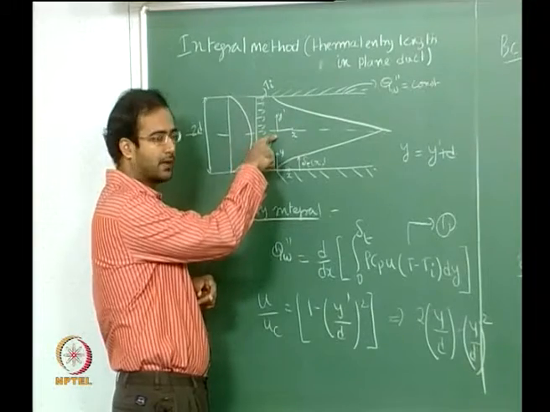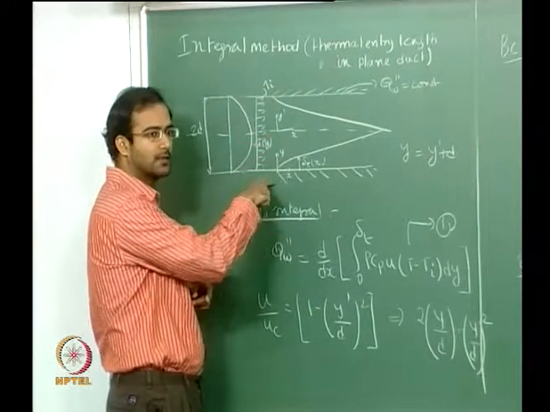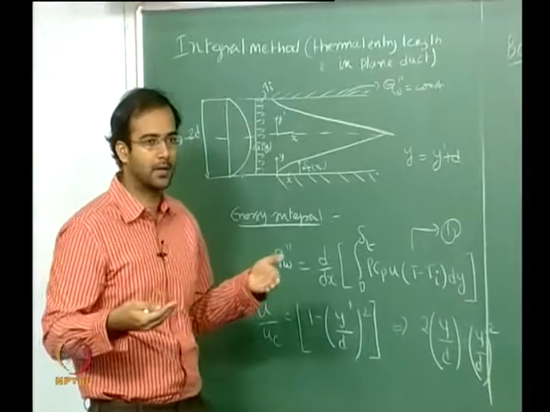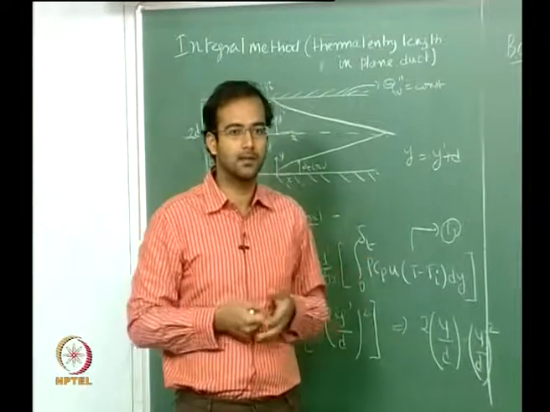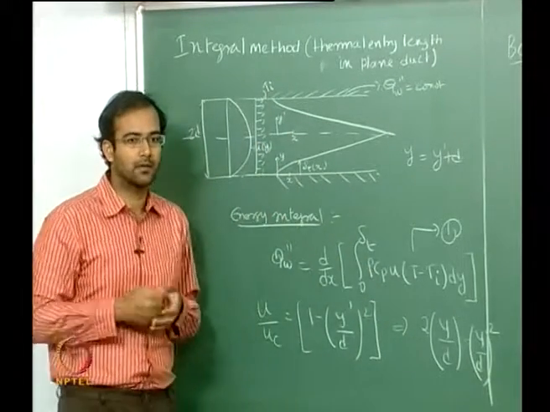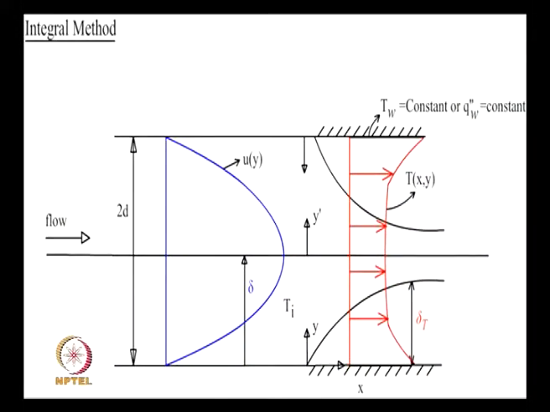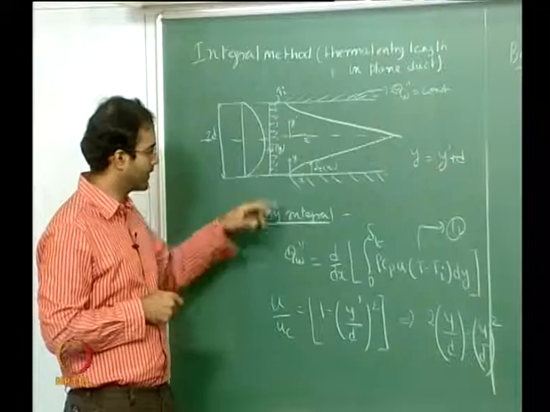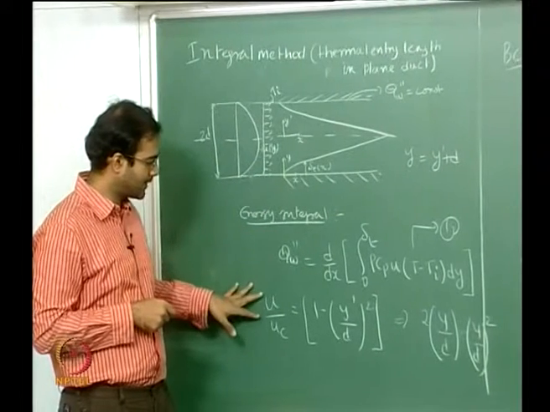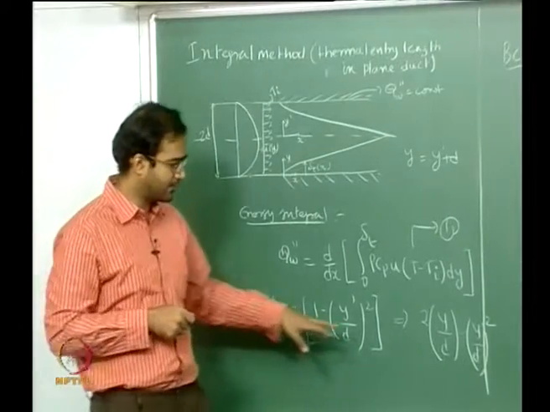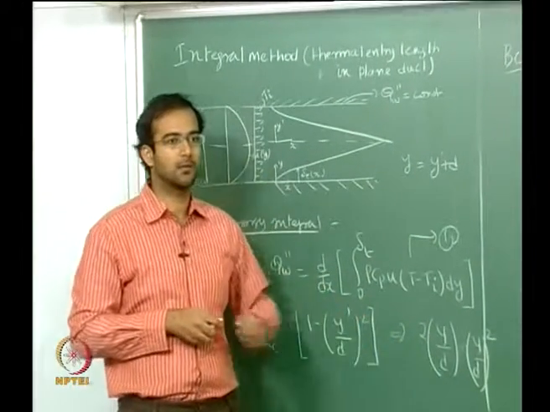So we have to transform to a coordinate system which is starting from the plate, because the integral method is basically integrated from the plate till the edge of the boundary layer. So that's where we transform the coordinates, and then this is the velocity profile in the transformed coordinate.